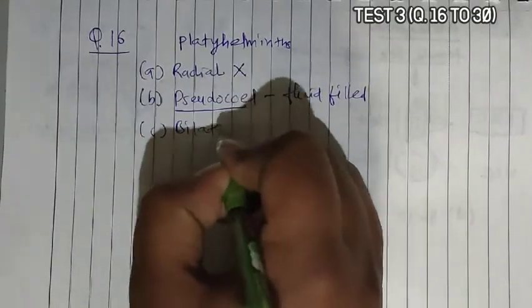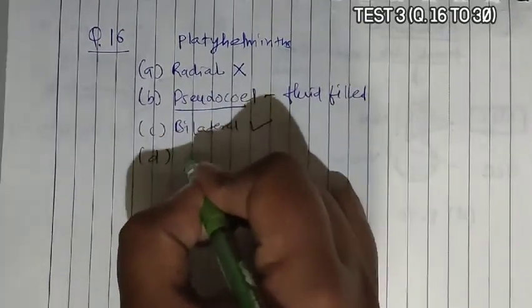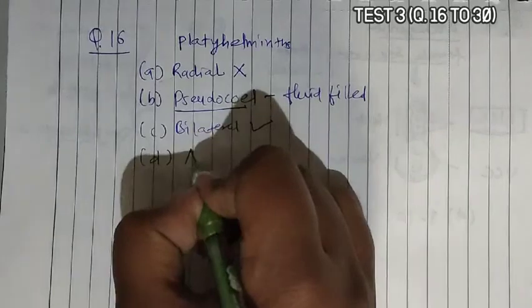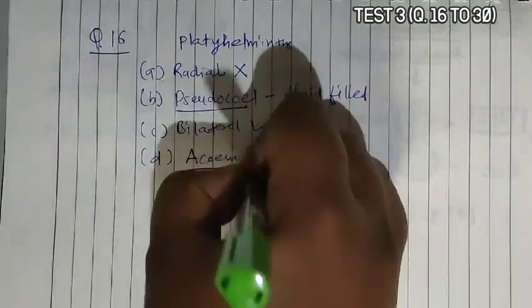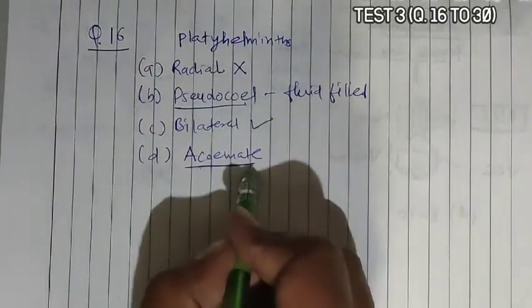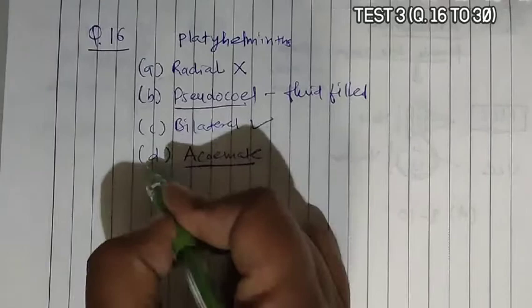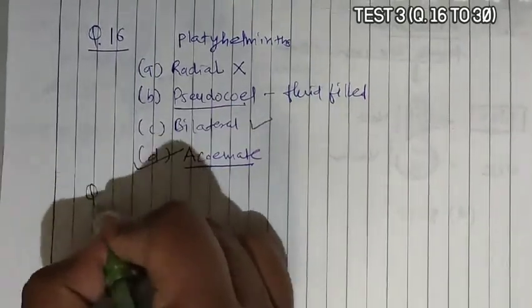Bilateral symmetry is found in both of these. And the absence of coelom, that is acoelomate in nature, that is the absence of body cavity. Now, in contrast to annelids, platyhelminths do not have coelom and annelids have, so D is the correct answer.